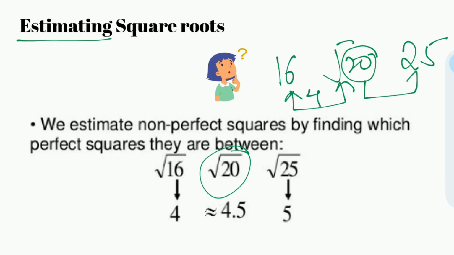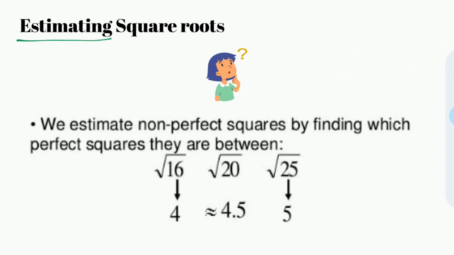The difference between 20 and 25 is 5. So obviously the square root of this number will be nearest to 4, because 20 is nearest to 16. Hence it will become 4 point something, or you can put it as approximately root of 20 is 4.5 or 4.3. It's just an approximate value, an estimation that will be near to 4 instead of 5.